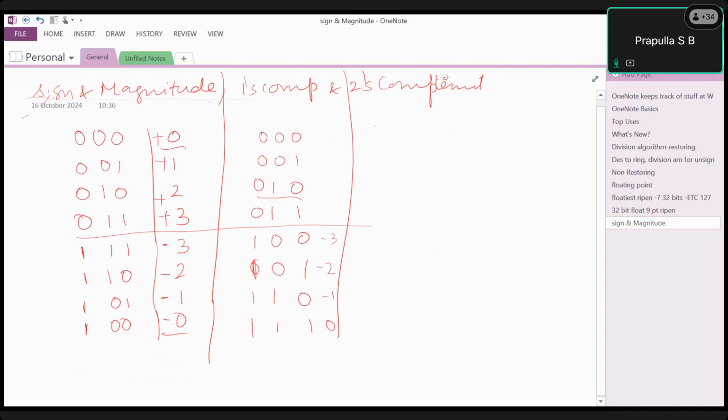Then we go for the twos complement method. In twos complement method, for positive numbers it is the same. For negative numbers, it will be different. So whatever we are seeing here for ones complement, you add 1, you will get twos complement.